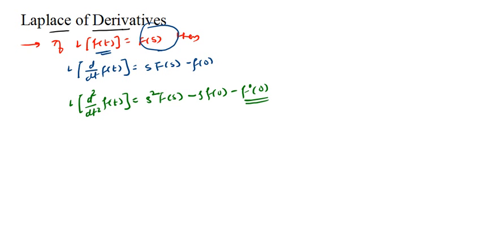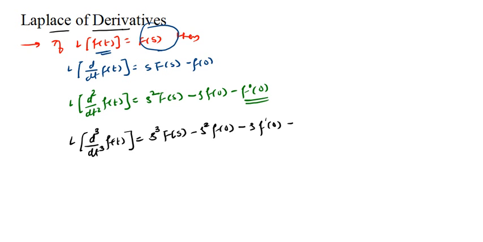If I take the third derivative, L of d3 by dt cube of f of t, this will be equal to s cube F of s minus s square f of 0 minus s f dash of 0 minus f double dash of 0.